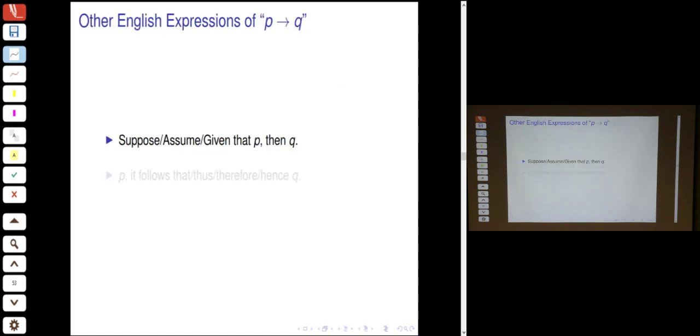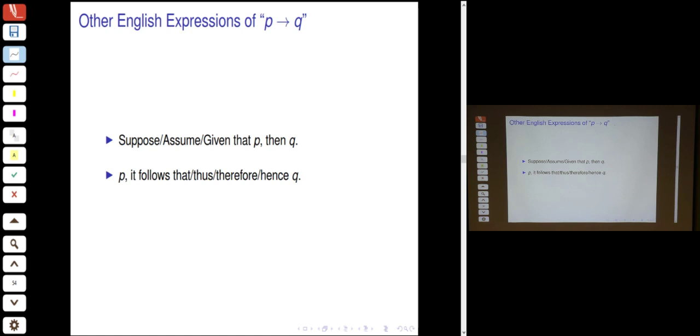Now, I already said some people will say that there are lots of other ways of reading this, because we use if P then Q. And then people can use something like suppose P then Q, assuming P then Q, given that P then Q. You have lots of other words to say the same thing. Or it follows that, because of P, it follows that.